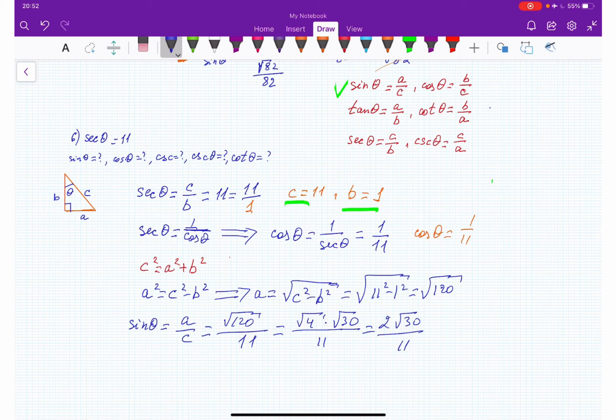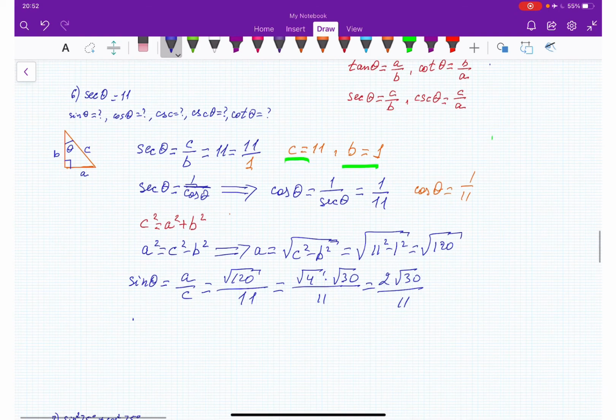Because cosecant theta is 1 over sine. Yes. So cosecant theta is 1 over sine theta. Therefore, it's going to be 11 over 2 square root 30.